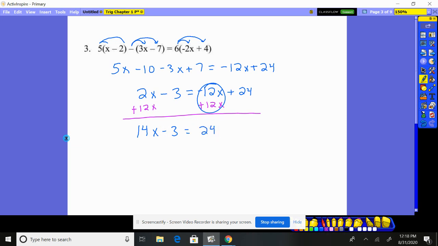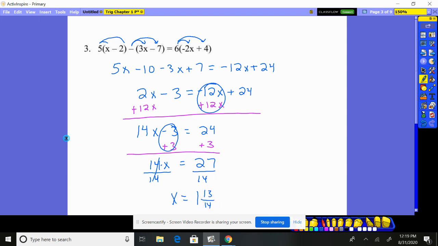Now move my number over. Get the 3 over on this side. So I have 14x. That goes away, is 27. I now get rid of multiplying by 14 as the final step. That goes in one whole time with 13 out of 14 left over.